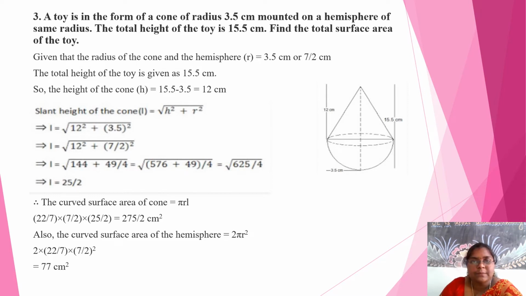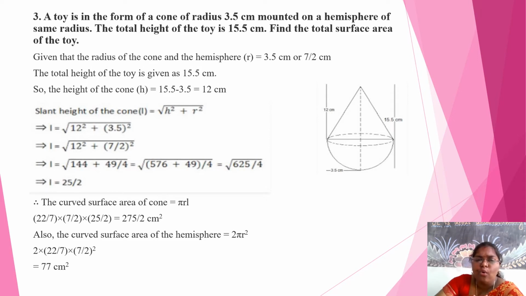So now listen. Here they have given the radius of the cone, which is 3.5 centimeter. See, the radius of the cone and hemisphere they have given is 3.5. Now the total height of the toy is 15.5. Remember the previous problem, what was there? Cylinder and the hemisphere, right?